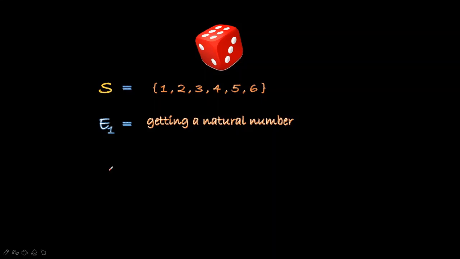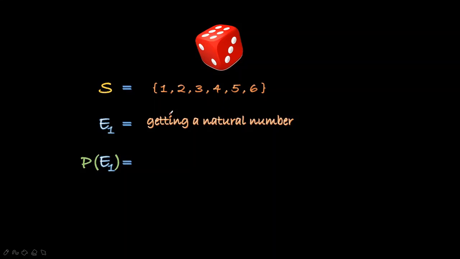Now students, what are the natural numbers that you can get while throwing a dice? Anyway, you think about it, pause the video and do the question. My question is, what is the probability of E1?